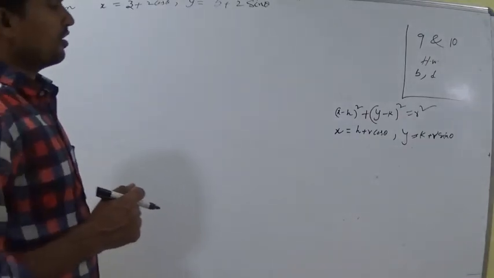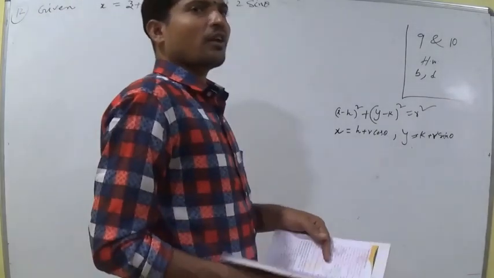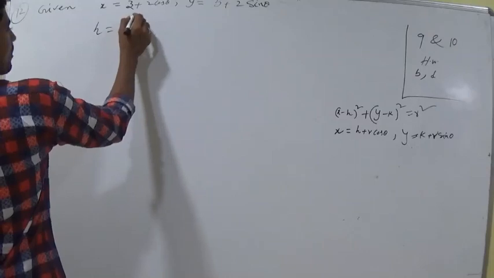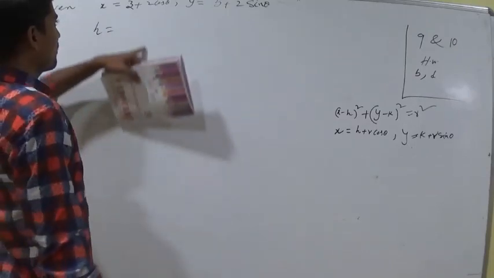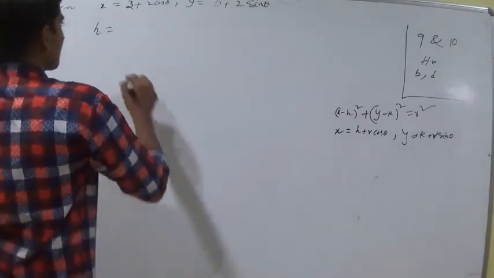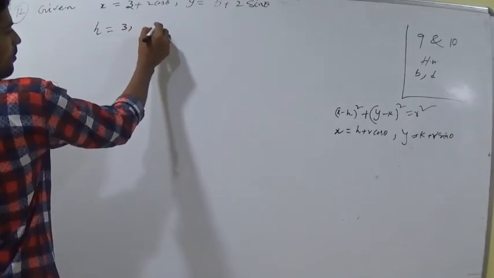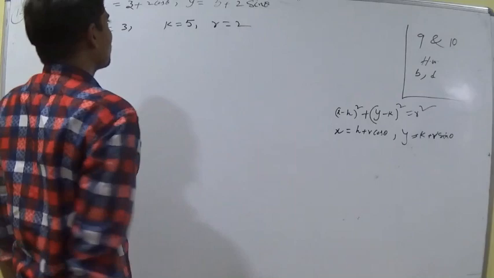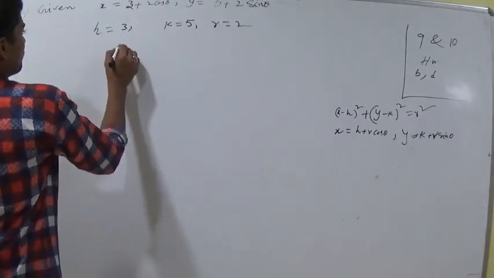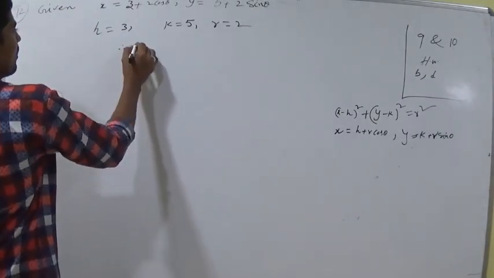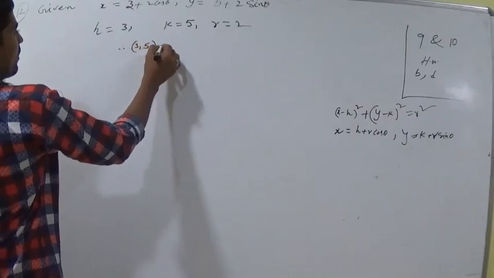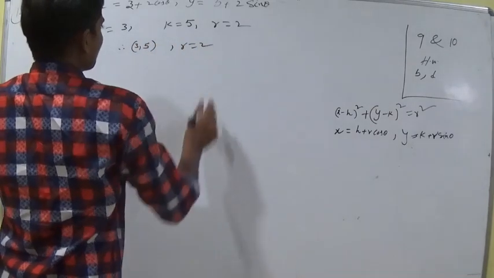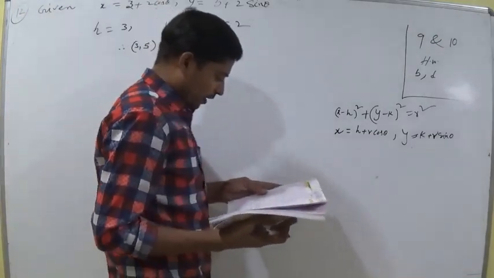So here we have to find center and radius. Compare these two equations: h is equal to 3, k is equal to 5, r is equal to 2. Therefore the center is 3 comma 5 and r equal to 2.